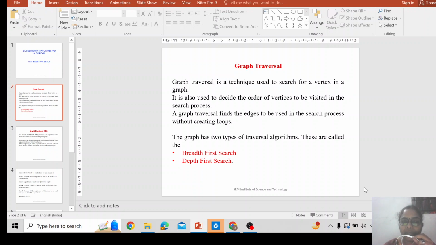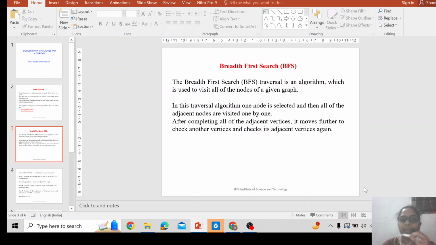According to the graph traversal, we use either BFS, that means the breadth first search, or DFS, the depth first search. The breadth first search is a traversal algorithm which is used to visit all nodes in the graph. According to this, one node is selected and then all of the adjacent nodes are visited one by one.